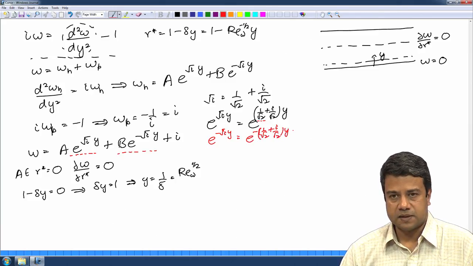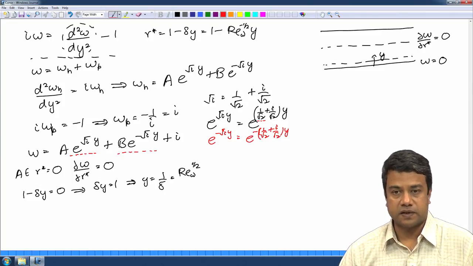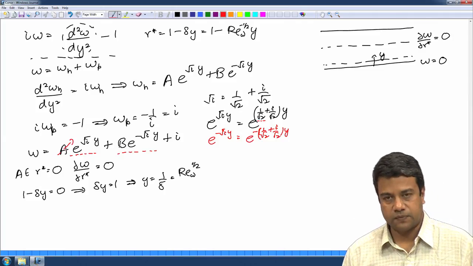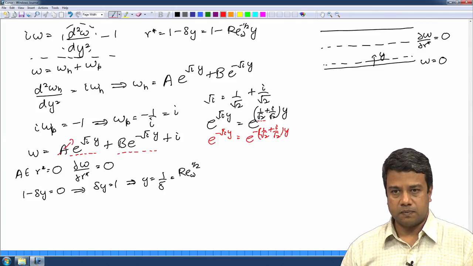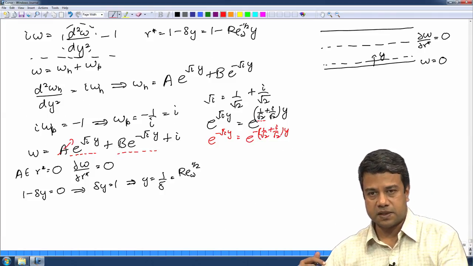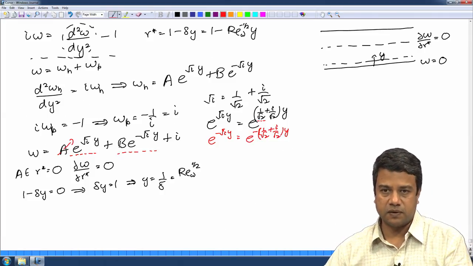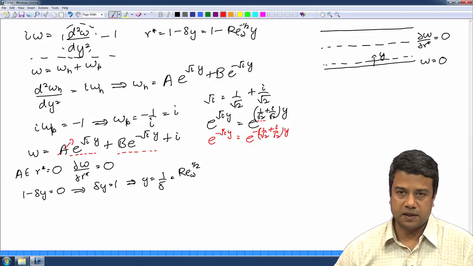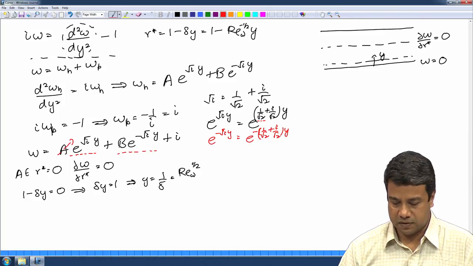The exponentially increasing term does not have 0 slope at the origin. Therefore, I have to set this constant equal to 0. So, the requirement that the perturbation due to the presence of the wall has to decrease into the fluid fixes that you can have only the exponentially decreasing term in the solution.